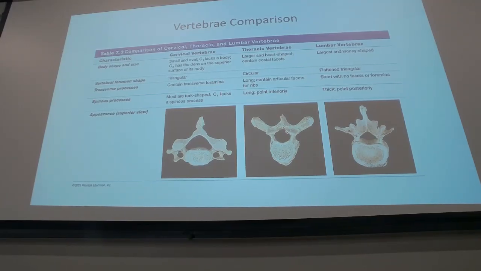These transverse foramina help the vertebral arteries to come into the brain to provide blood supply to the posterior regions of our brain, and they also carry the vertebral veins, the ones that drain the posterior area of our brain. So this is very characteristic of this vertebrae.